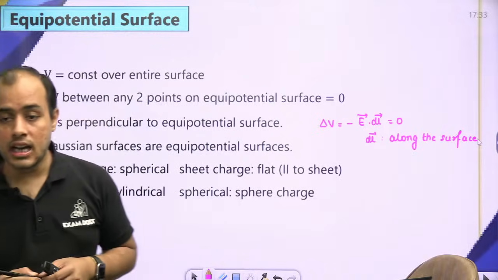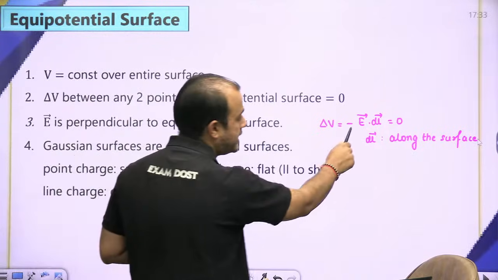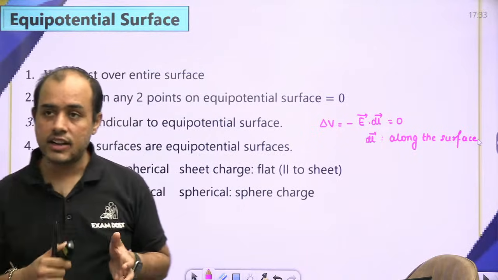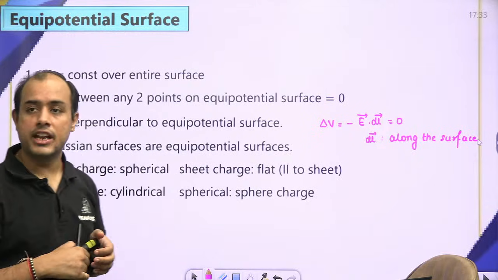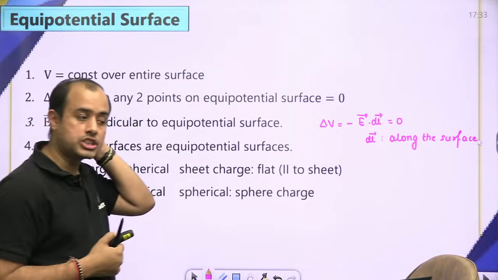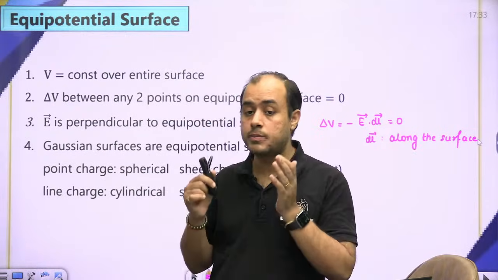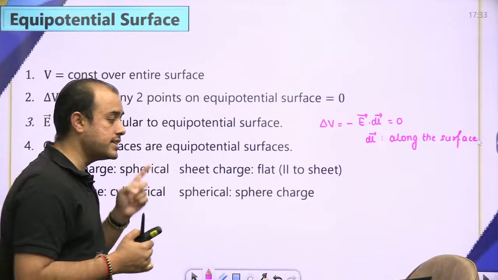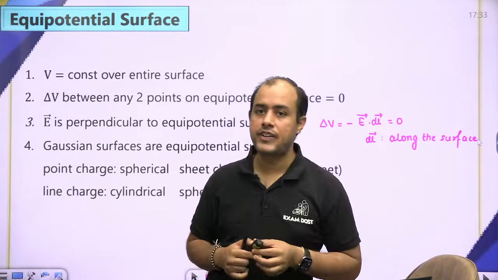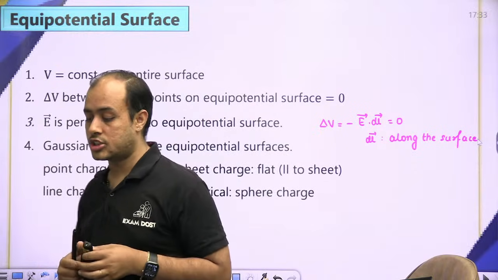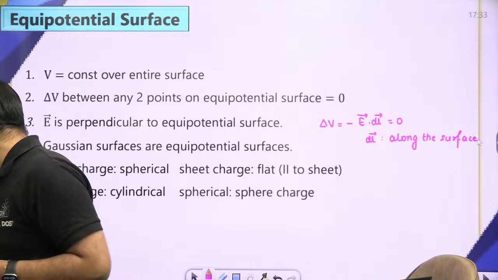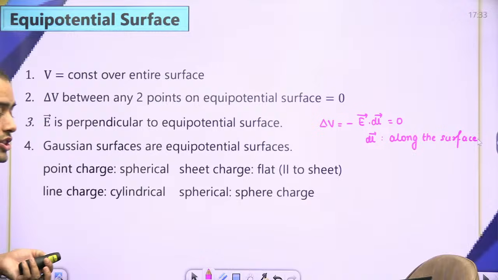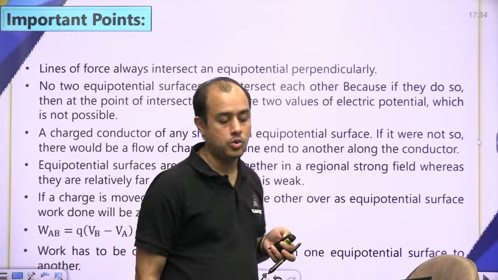लॉजिक समझे? अगर पोटेंशियल डिफरेंस जीरो तो E और dl को परपेंडिकुलर होना पड़ेगा. अब dl तो सरफेस के अलोंग है, इलेक्ट्रिक फील्ड उसके परपेंडिकुलर माने सरफेस के परपेंडिकुलर. So Gaussian surfaces are equipotential surfaces because when I told you about Gaussian surface, I told you to choose the Gaussian surface such that electric field is perpendicular to it.